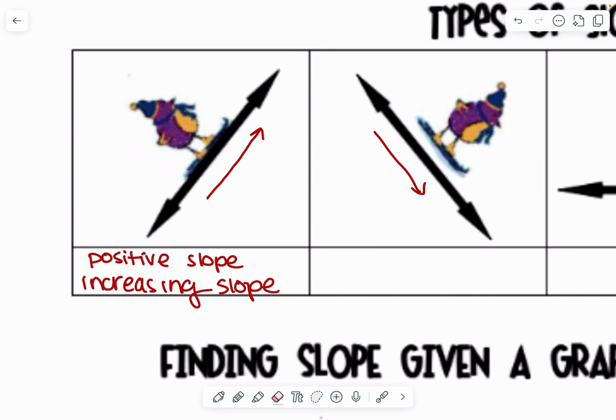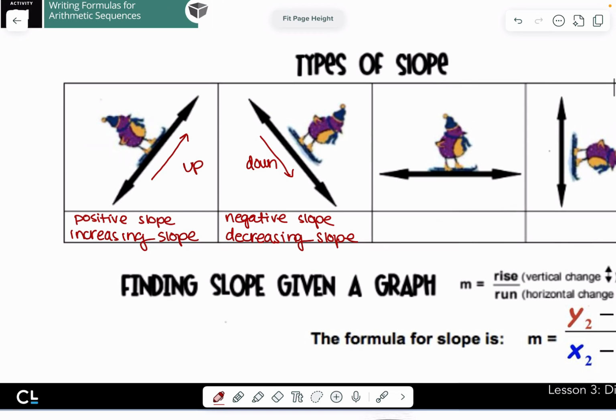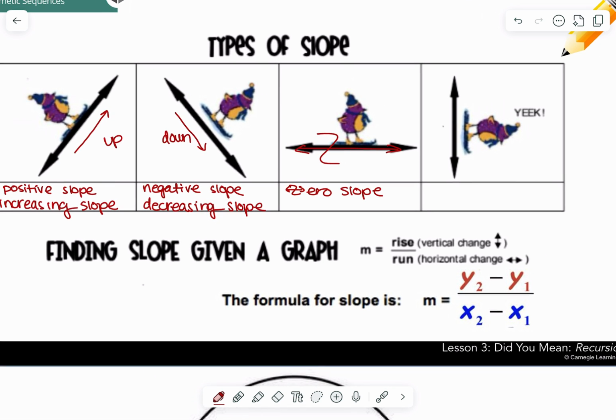If it's going down, it's a decrease, or a negative slope, which is also a decreasing slope. Now, we have our penguin that's going left and right. That is a zero slope. If you write the word zero with a little line between it, that will also help you. Zero slope. And our last one, this isn't possible. You can't walk like this, so that's undefined.